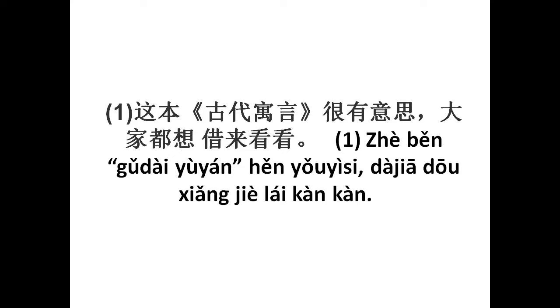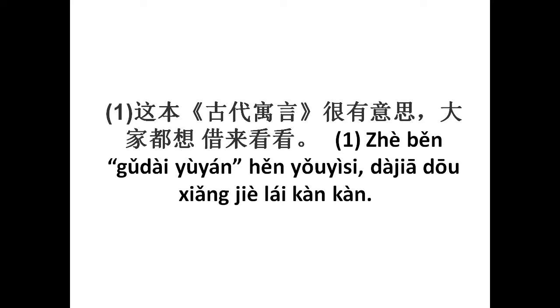This ancient fable, this book Ancient Fable is very interesting. Everybody wants to borrow it. So we have to make a rhetorical sentence which could be like, this book Ancient Fable is so interesting, why would anybody not want to borrow it?